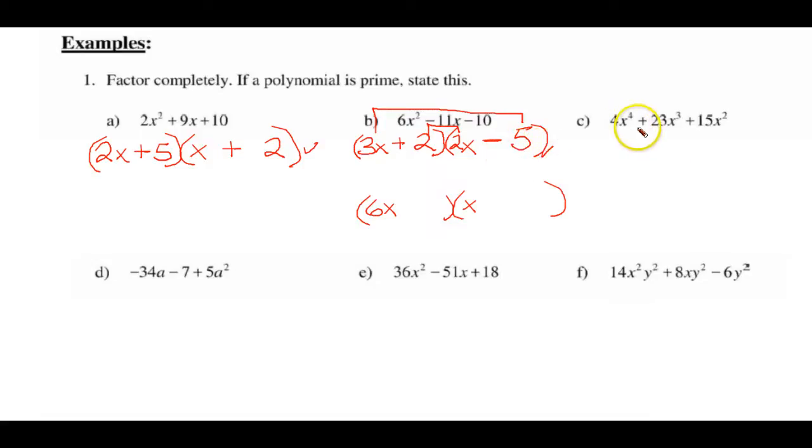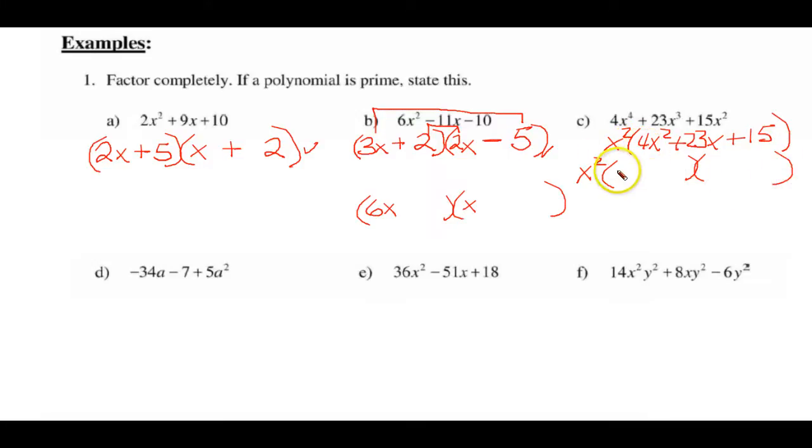Now notice here there is a common factor of x squared that we have to take out. Now we get 4x squared plus 23x plus 15. So we have an x squared and 2 sets of parentheses.